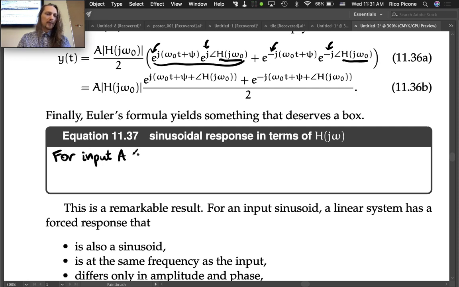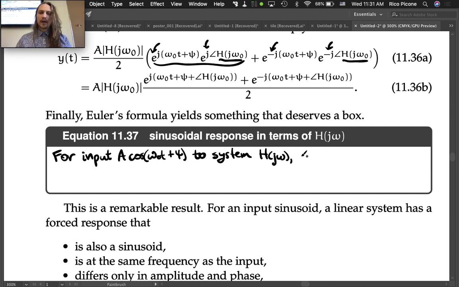So for input, remember what our input was, a cosine of omega naught t plus psi, to a system with frequency response function H of j omega.